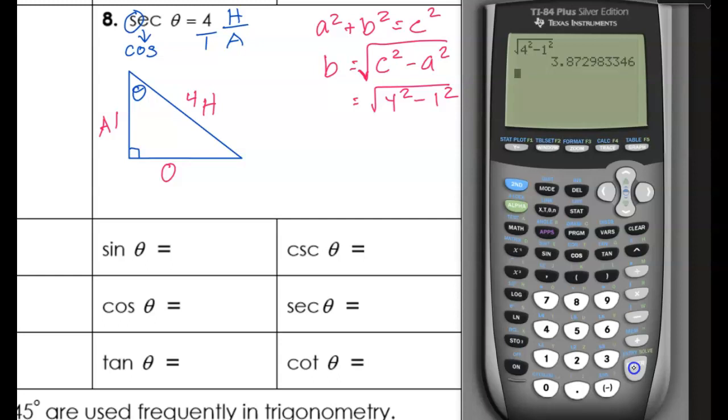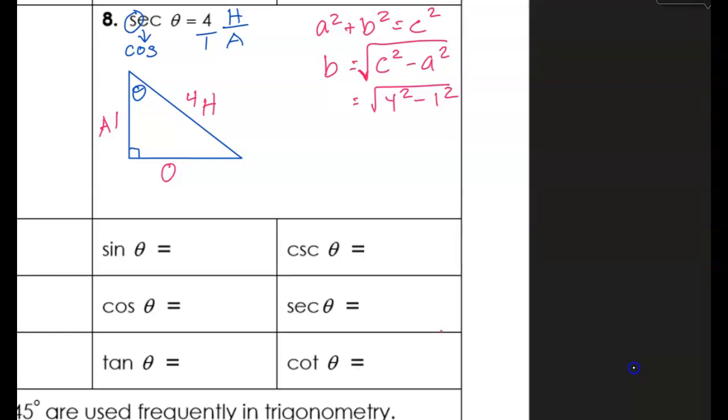In trig, I never really want to write a decimal unless it's the final answer. Instead here, I have to leave it in simplest radical form. I have to actually do 4 squared minus 1 squared. 16 minus 1 is 15. So this opposite side is actually just the square root of 15.